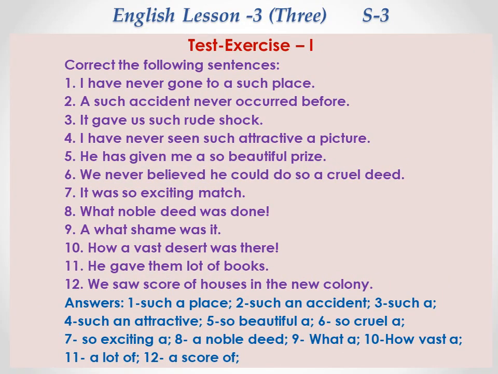So friends, welcome to English lesson 3, test exercise 1. Correct the following sentences. So friends, here, as we told earlier, we studied kinds of article under rule 6 to 13. So based on those rules 6 to 13, here is a test exercise.